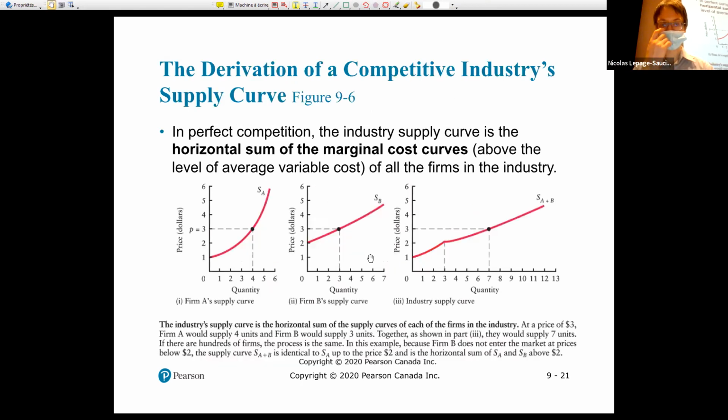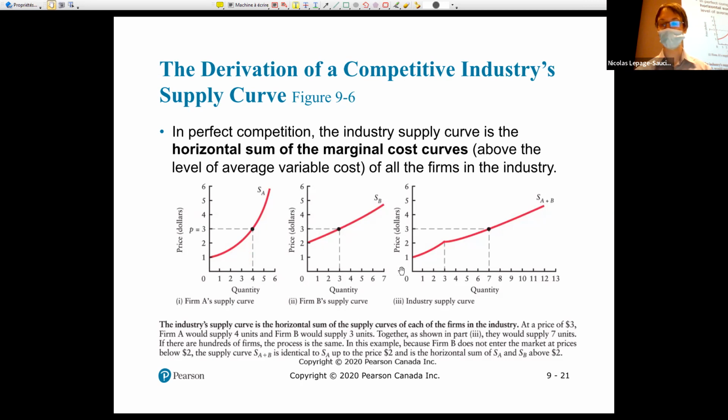And then what happens at the market level? At the market level, you just add up the supply of all the firms on the market. So here I have, for instance, the supply of one firm and the supply of the other firm. I add quantities together, because firm one produces a certain quantity and firm two produces a certain quantity. For a price of 3, you add the quantity of firm 1, which is 4, to the quantity of firm 2, which is 3.